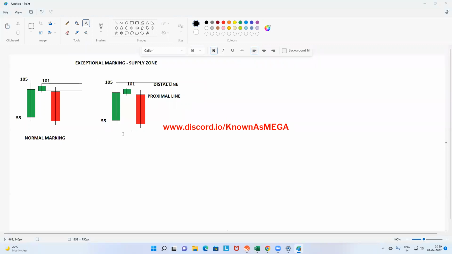So you will have three possibilities here. The leg-in will have the highest wick, the base will have the highest wick, and the leg-out will have the highest wick. We will just quickly mark all of them.